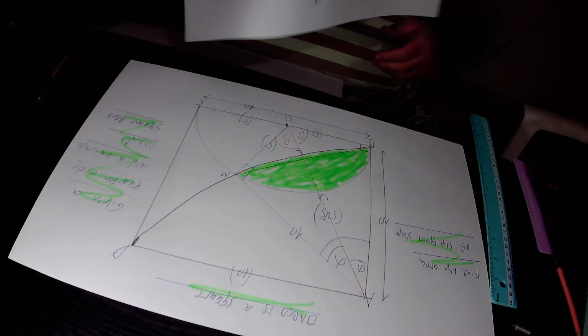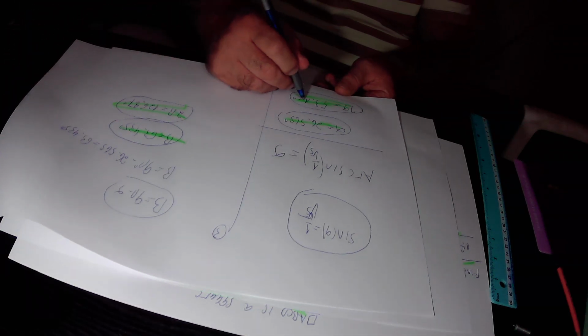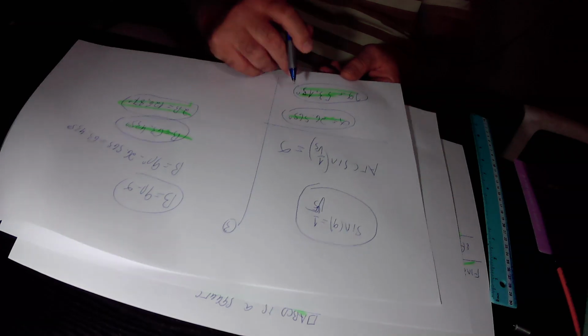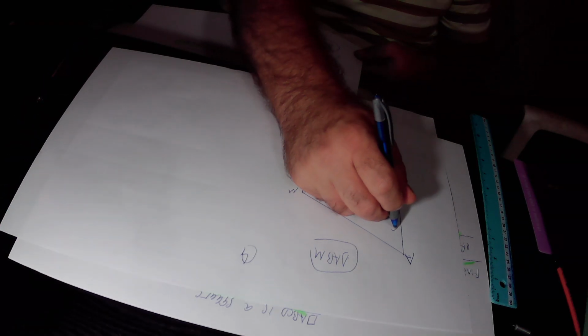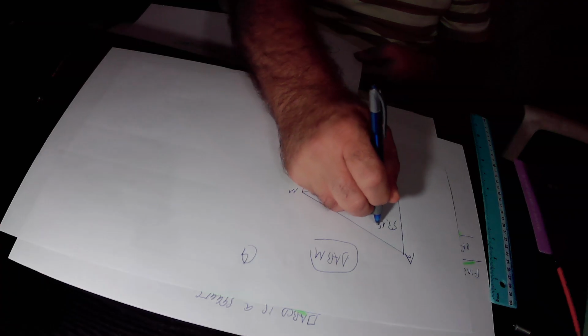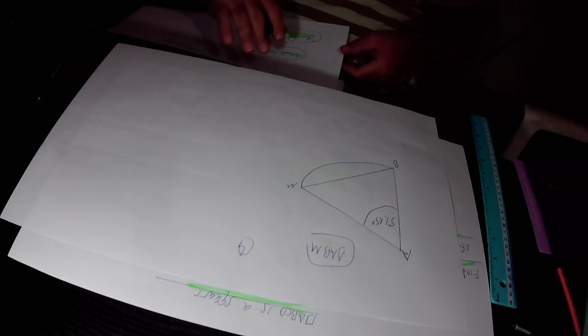We already found that 2 alpha equals 53.13 degrees. So angle AMB equals 53.13 degrees.